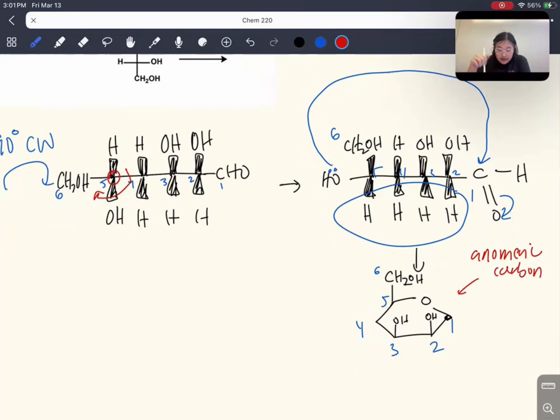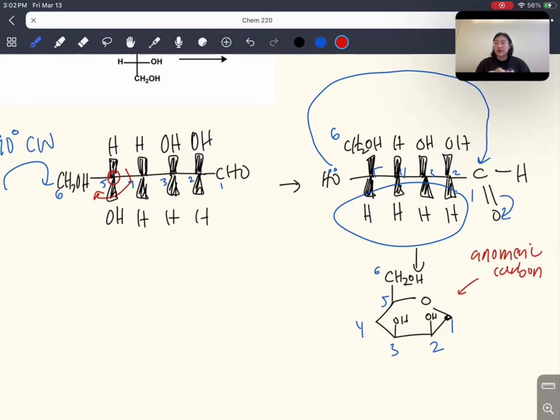And the reason why it can point up or down is because if we think about the geometry of an aldehyde, it has the double bond, it's flat, right? So if we have a flat carbonyl group and our lone pair is attacking that carbon, it can attack from the top or it can attack from the bottom. So the OH group can be on the top or on the bottom, which is why we get the alpha and beta cyclic forms.